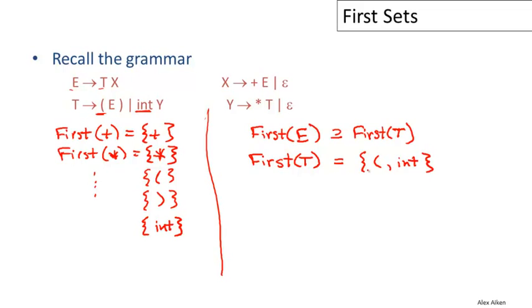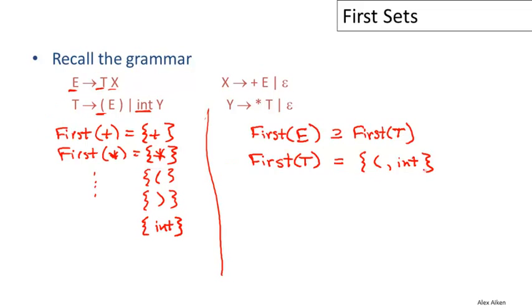Okay, now let's return to thinking about the first of E. Remember there was another case that we have to consider. Clearly everything in the first of T is in the first of E, and we've already noted that down. But if T can go to epsilon, then things that are in the first of X could also be in the first of E. But now we've computed the first of T and we see that epsilon is not in there.